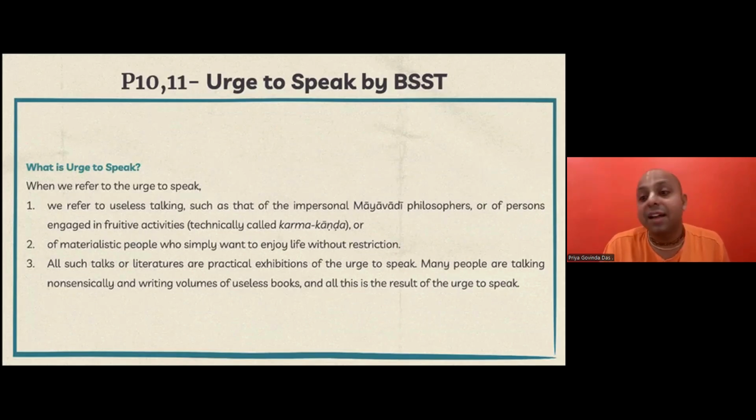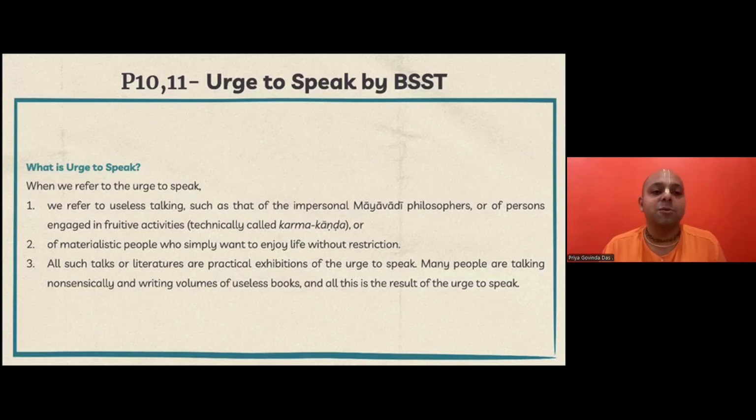So Gyan and Karma. When somebody is too much talking about Gyan and Karma, what are those Gyan and Karmas? Karmas means fruitive activities, ऐसा करेंगे तो ऐसा हो जाएगा. And Jnana means just act of controlling mind and senses and trying to understand Supreme Lord. So these are useless talks.